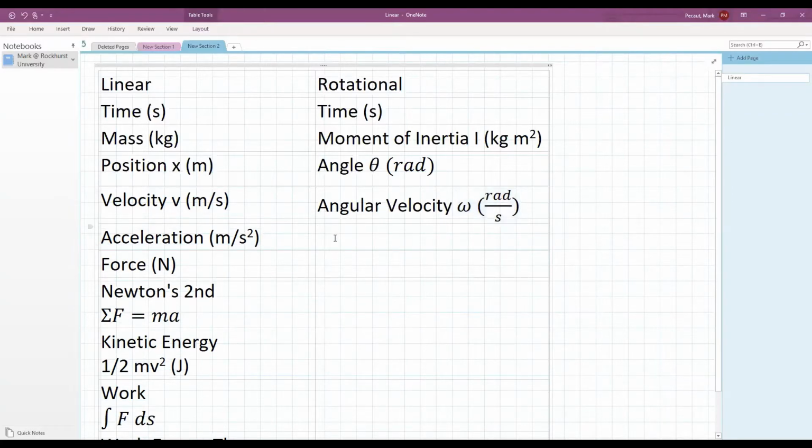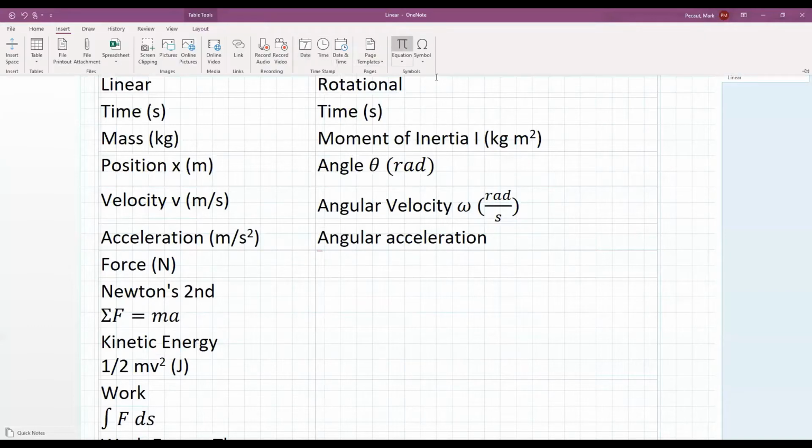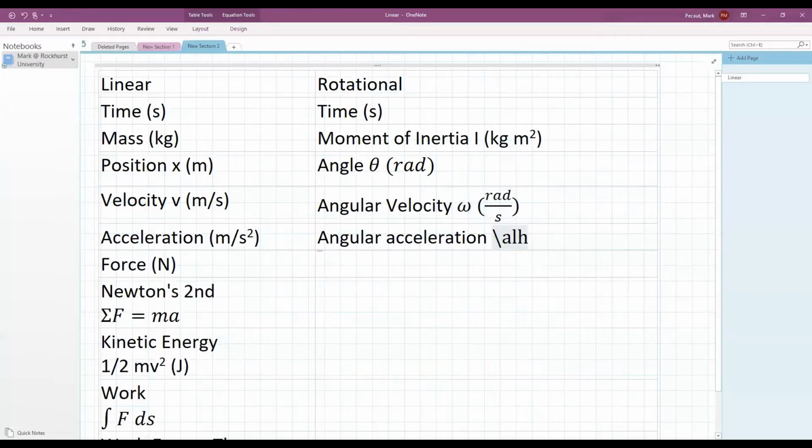For acceleration, the rotational analog is angular acceleration, and for that we use alpha, which is, of course, in radians per second squared.